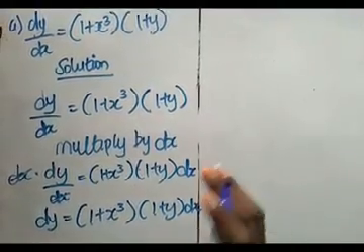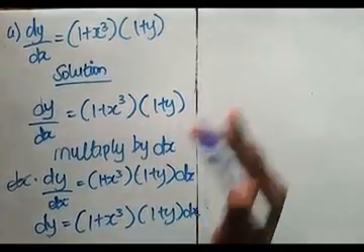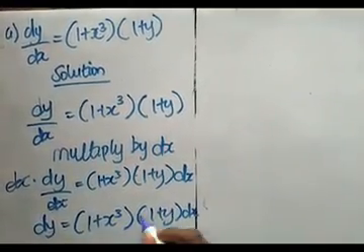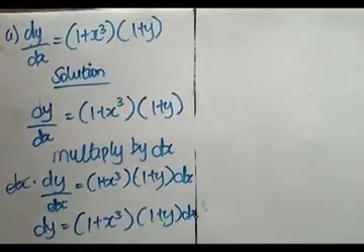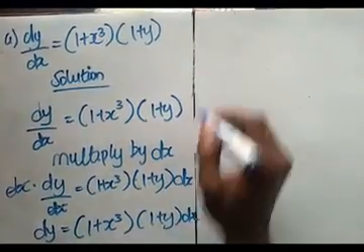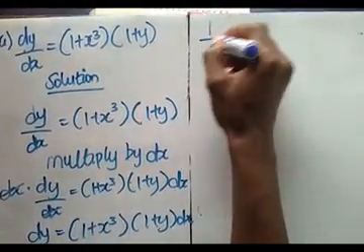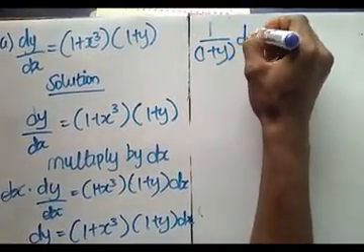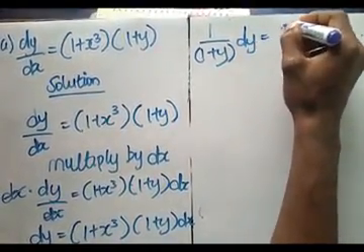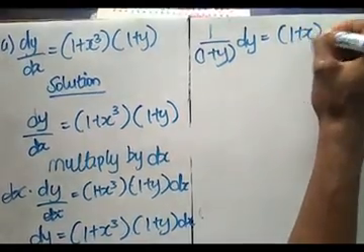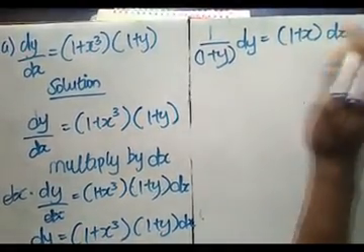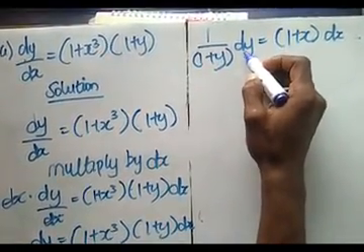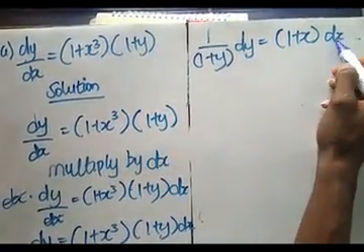The second step is separating the variables. Since 1 plus y is on the dx side, we need to bring it down to the dy side. So it will be 1 over 1 plus y dy equals 1 plus x dx. You can see now it's arranged. The function of y is on the dy side, while the function of x is on the dx side.